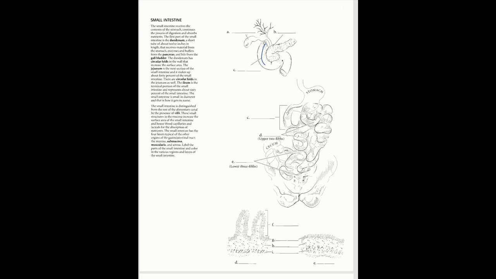So while here is showing our upper portion of the small intestine called the duodenum, it is surrounded by the pancreas and the gallbladder. Now, the duodenum is kind of like the first stop off of the stomach.